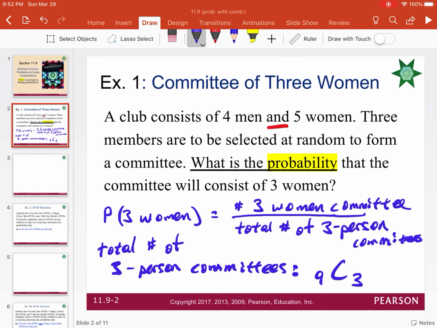Okay? Now, the top. I'm going to switch to the next slide, and I want you to remember that if we're going to guarantee 3 women committees, how many women can we pick from? 5, right? Can only have 5, right? The committees that we want don't have any men on them, so we can't pick from them. Just 5 women. And we're still forming groups of what? 3.